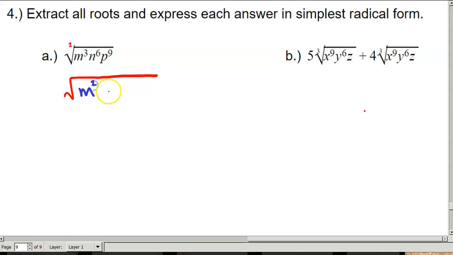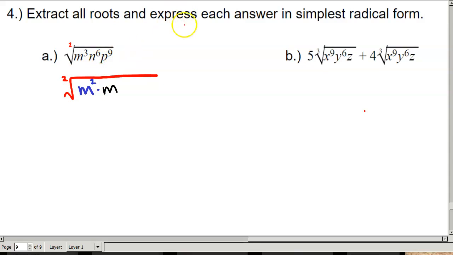For example, since I have m cubed, I can break that up into m squared times m, and so this right here is one of these perfect squares.